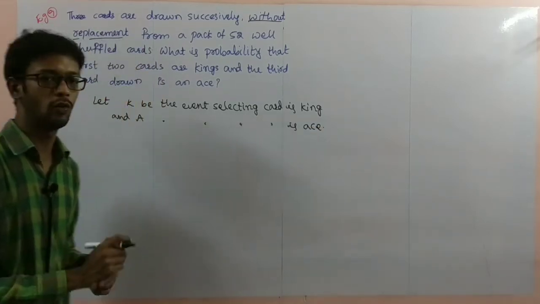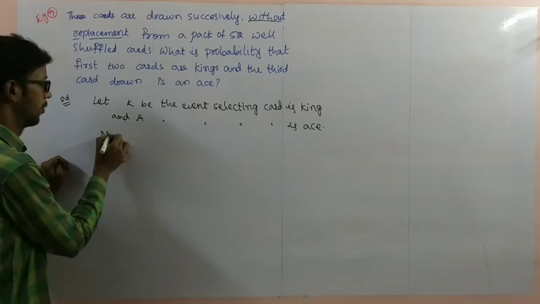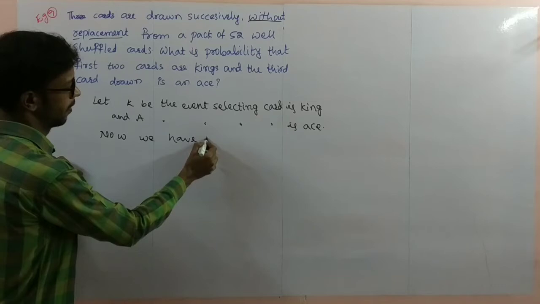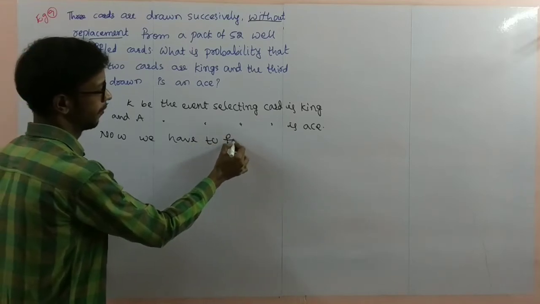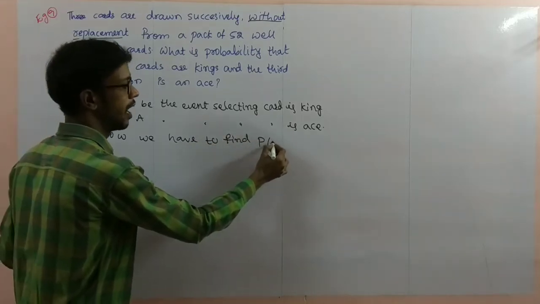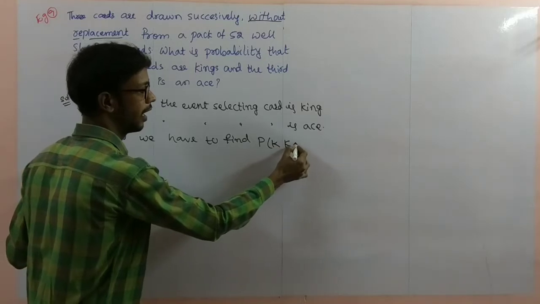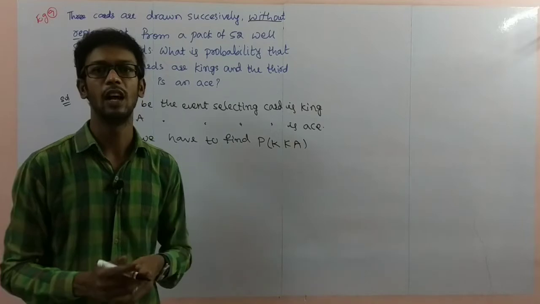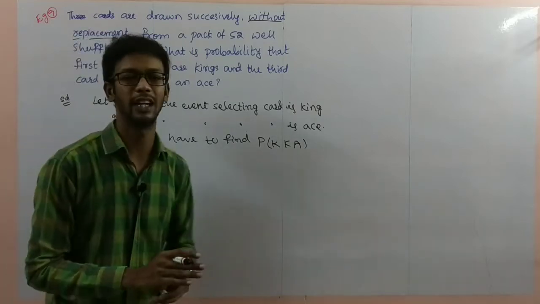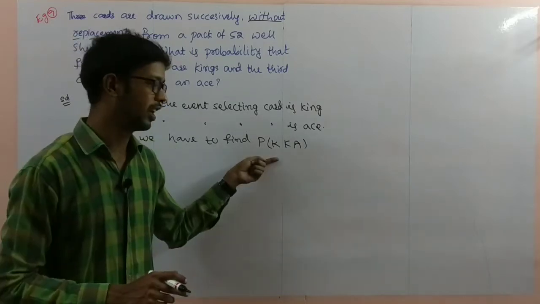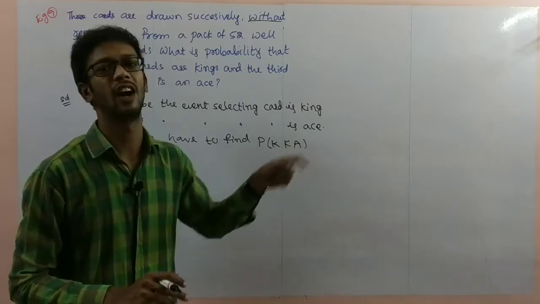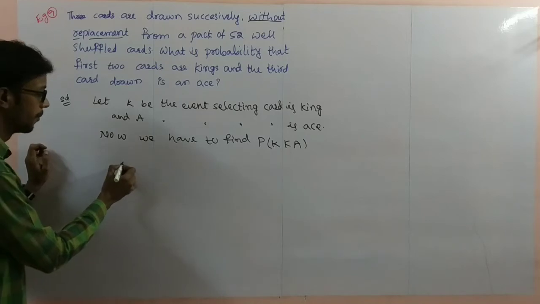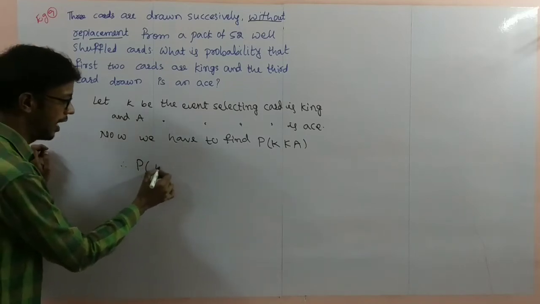So now we have to find the probability of K K A. Directly I am writing K K A, also we can write K intersection K intersection A. First one king, second one king, third one is ace. For that purpose, first I will find the probability of K only.